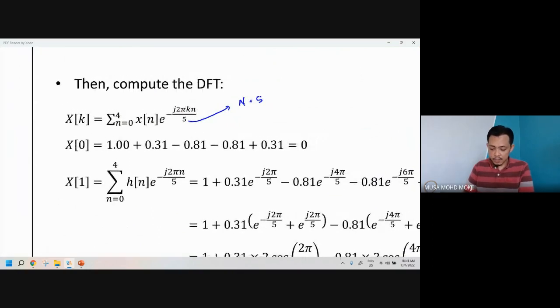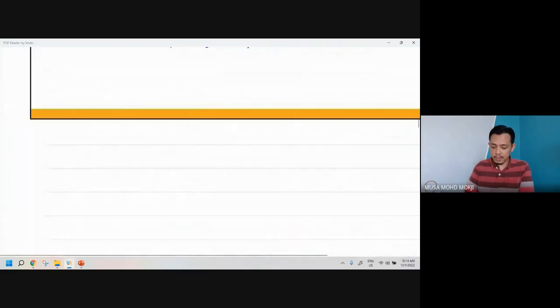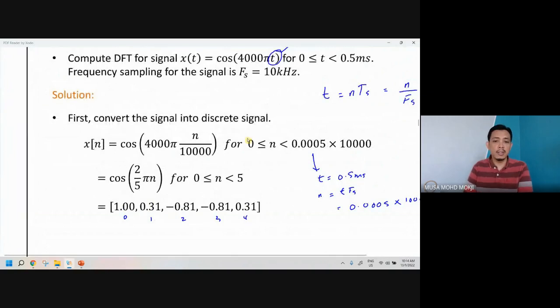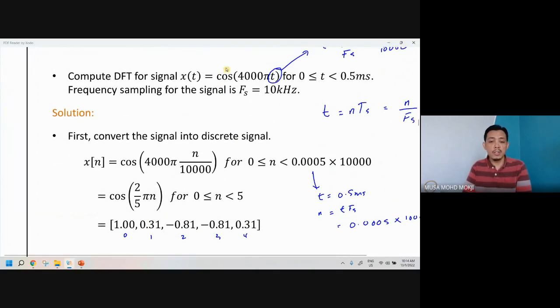And before we do this DFT, let's try to understand what this signal is, because this is a very simple sinusoidal signal. This is a cos. A sinusoidal signal can be sine or cosine. And why are we really interested in this? Because of the theory from Fourier, who says that any signal can be decomposed into a series of sinusoidal signals.